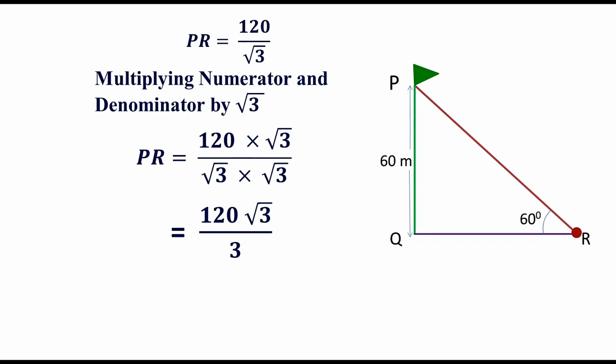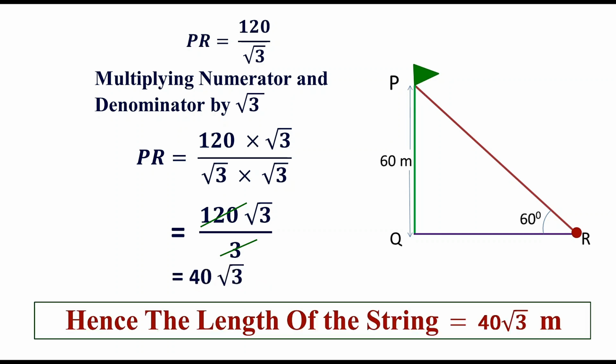And now 3 will divide 120 40 times. So PR is equal to 40 root 3, and this will be the length of the string. Hence the length of the string is equal to 40 root 3 meter. This is the answer of the question.